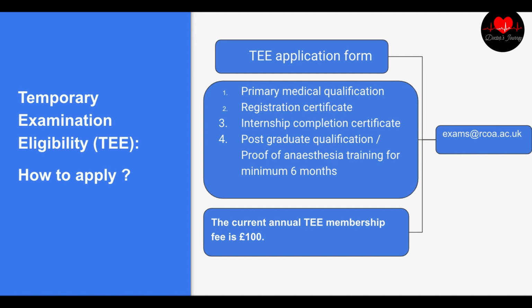If you get this temporary examination eligibility, then you will have a temporary examination eligibility number, with which you can go to the Royal College of Anaesthesia website, where you can apply for the primary FRCA exams. The current annual fee for temporary examination eligibility membership is £100.